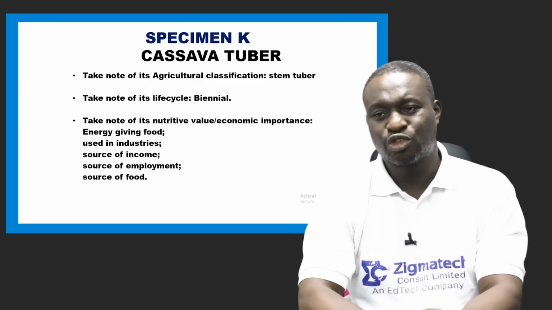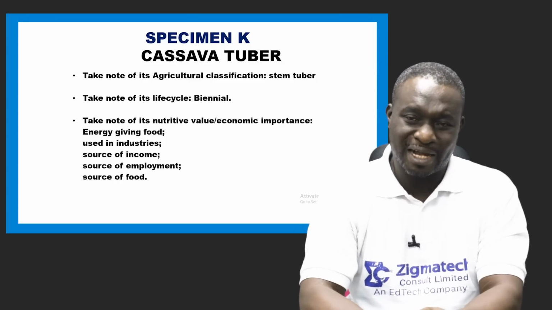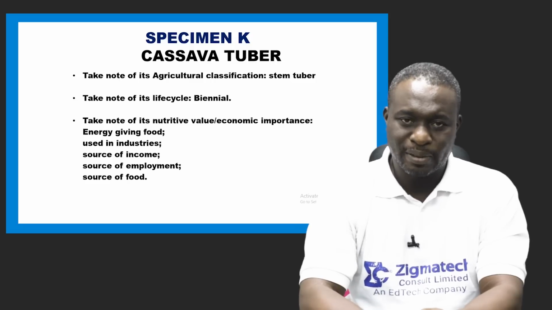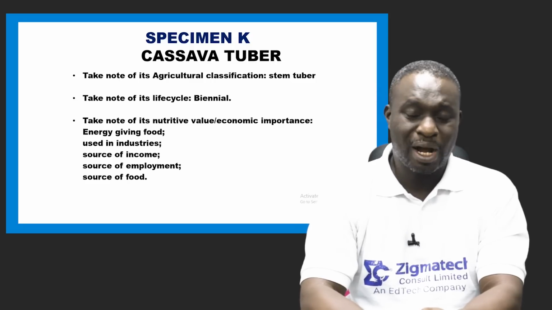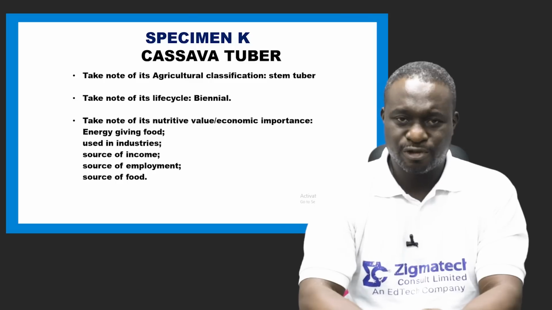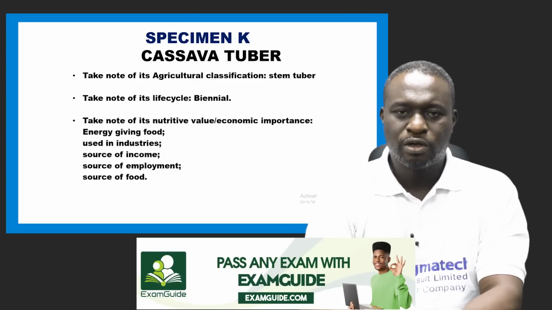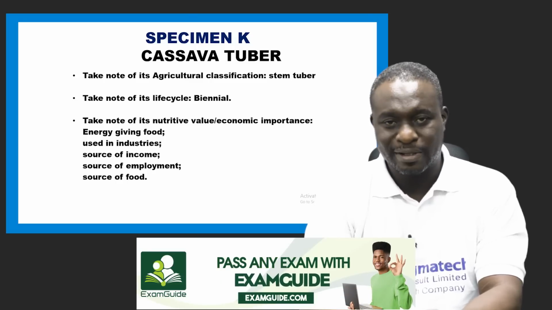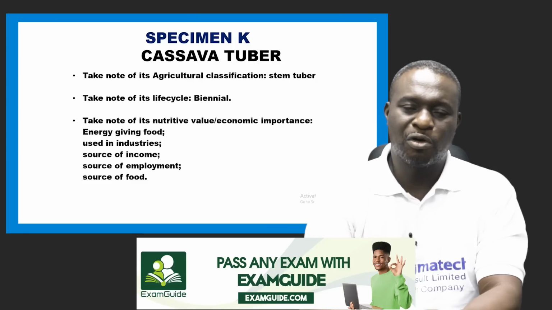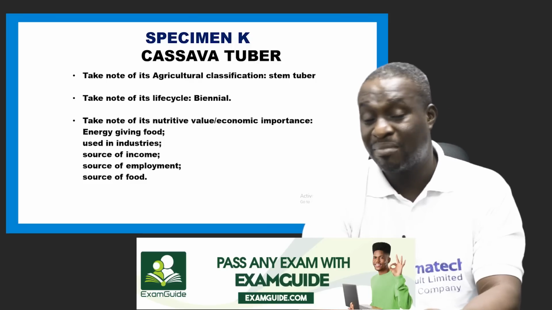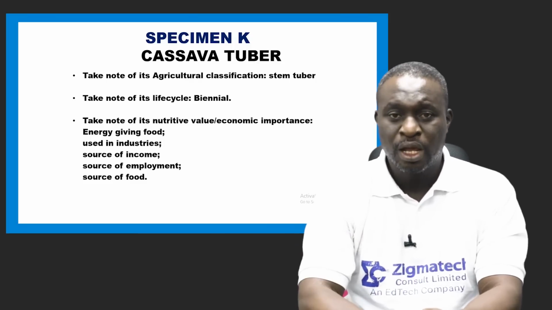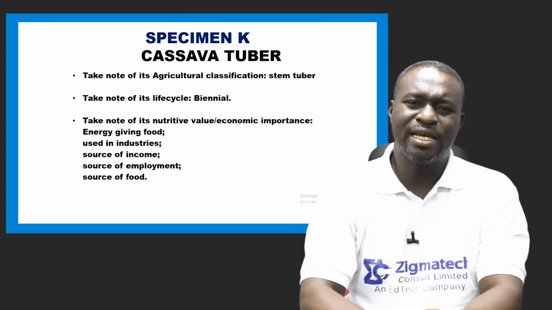Now, that brings us to the economic importance of cassava tuber. Number one, it is an energy-giving food. So it provides energy for consumption. When consumed, it provides energy for both man and animals. Also, it can be used in the industries.